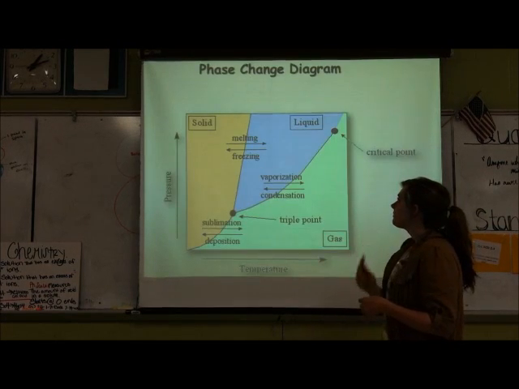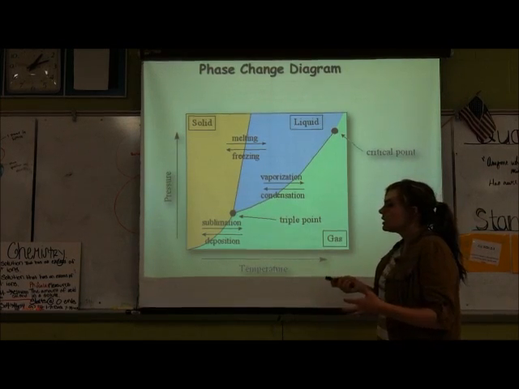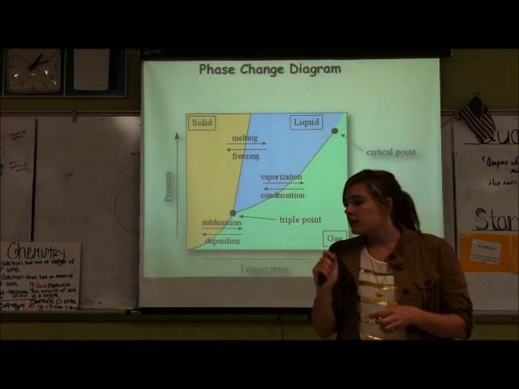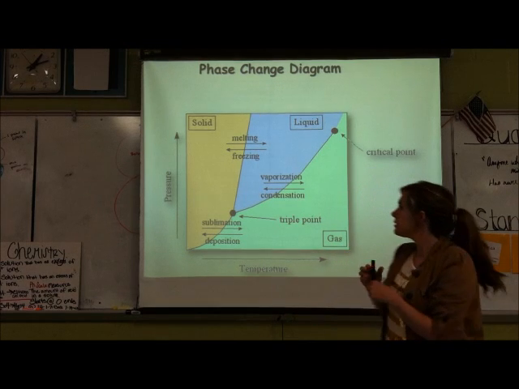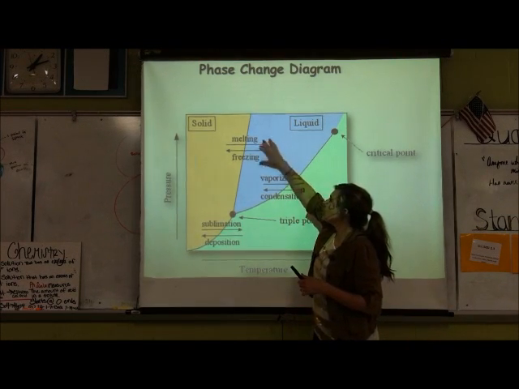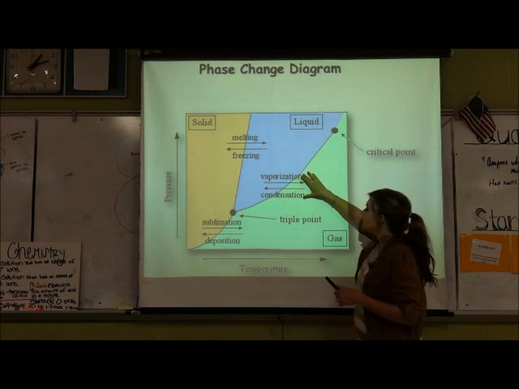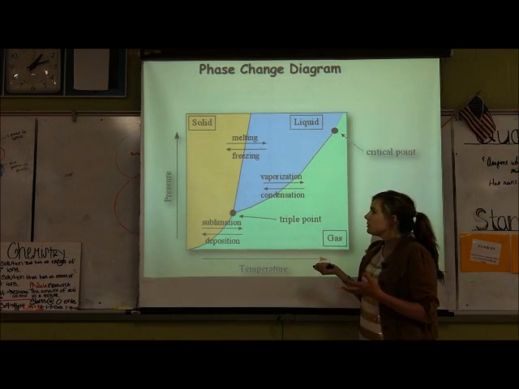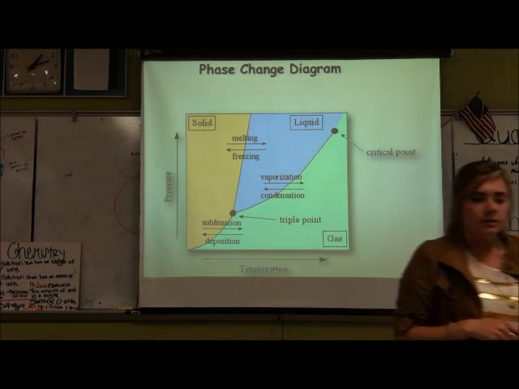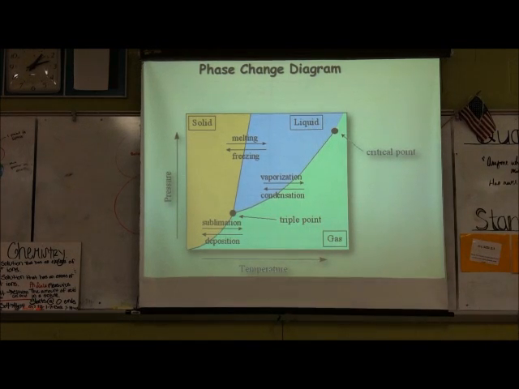Good. All right. Let's talk about this phase change diagram. You've seen this phase change diagram before. I will tell you on your notes the arrows are swapped, so go ahead and swap these terms on your paper. You've seen this before. We can review this later in class. You can press pause.